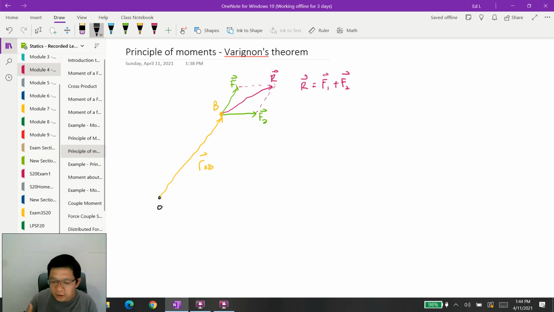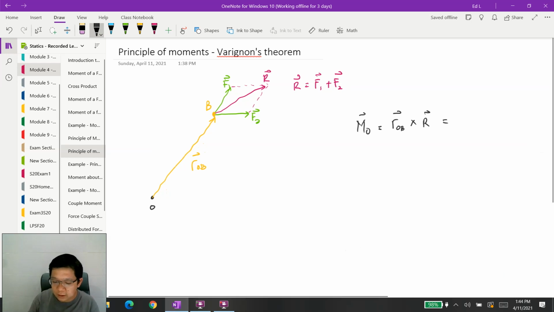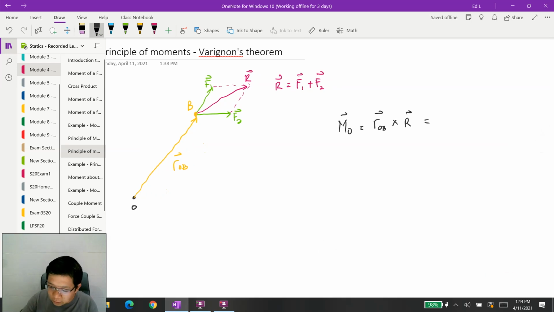From what we have learned in the previous lectures, we know that the moment about point O can be calculated as the cross product of r_OB and R. This also can be calculated as the cross product of r_OB cross F1 plus r_OB cross F2.